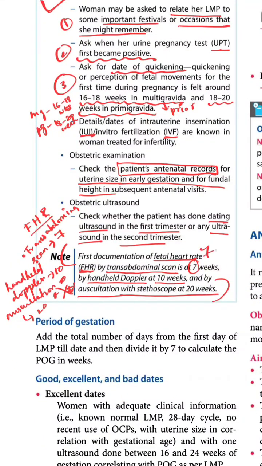So 7, 10, 20 for fetal heart rate documentation.